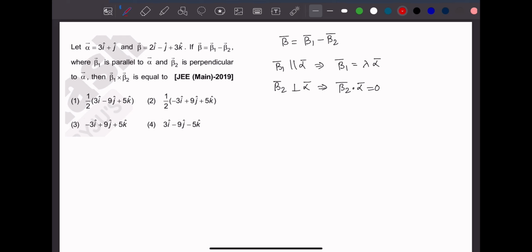If you observe one thing, we have beta 2 dot alpha, and beta 1 also we have in terms of lambda alpha, and beta vector also we have, so we can take dot product with alpha. So if I take dot product with alpha, I get alpha vector dot beta vector is equal to alpha vector dot beta 1 vector minus alpha vector dot beta 2 vector.